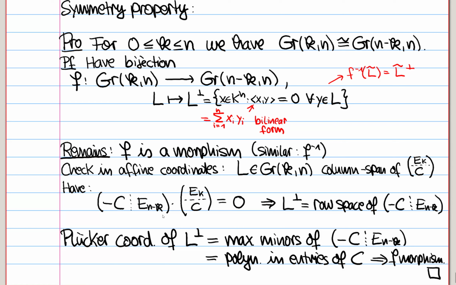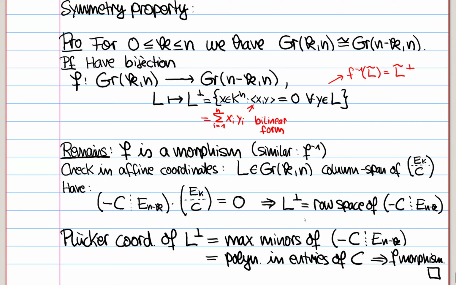We form a new matrix here, which has a new block decomposition given by minus C and some unit matrix here. So this E is how we write the identity matrix, and then you can just do this product and see you get the zero matrix out.